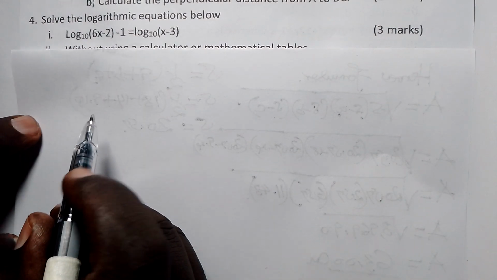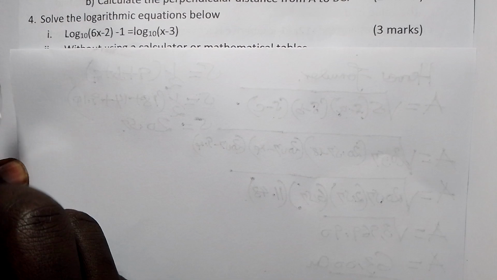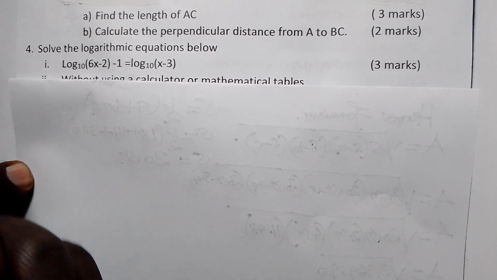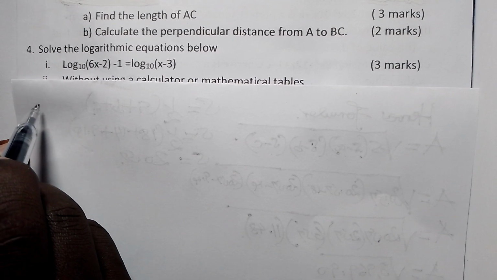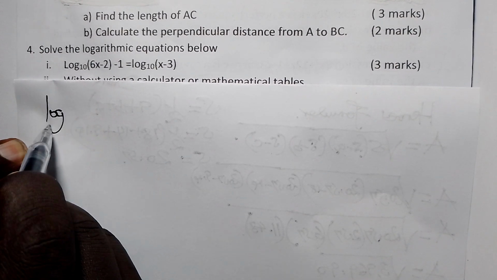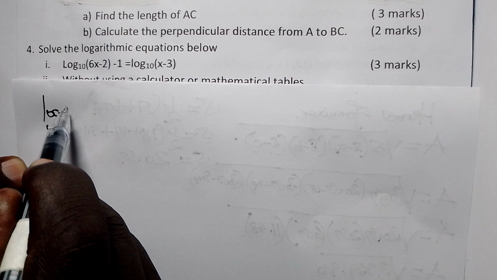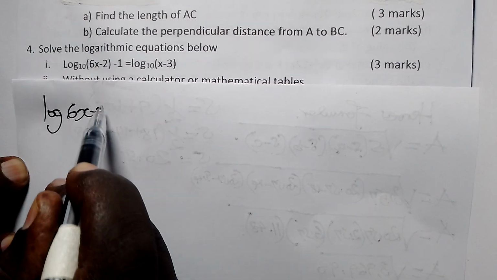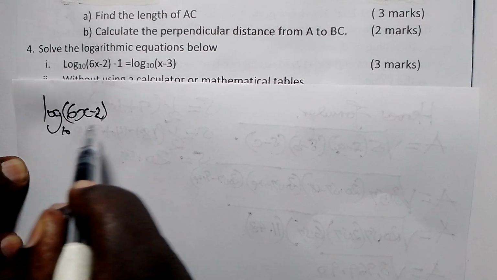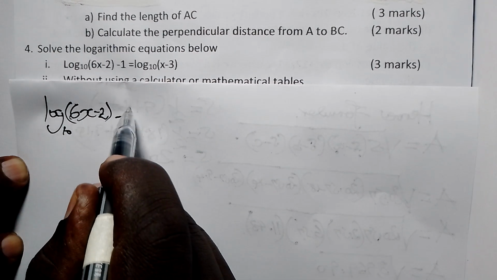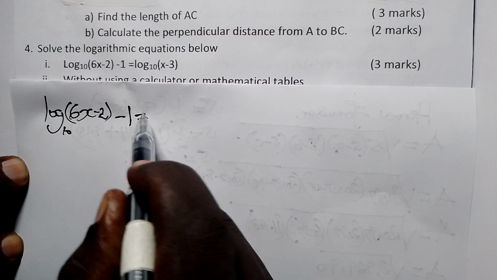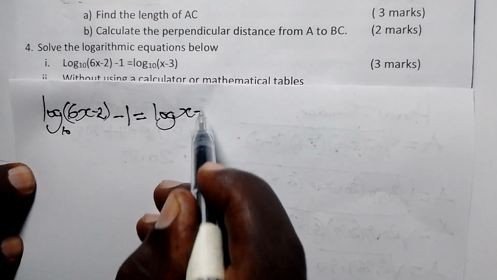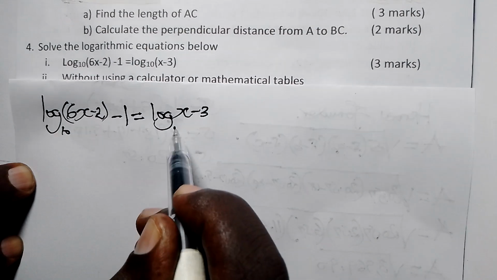So we have the log of 6x minus 2 base 10 minus 1 is equals to the log of x minus 3 base 10.